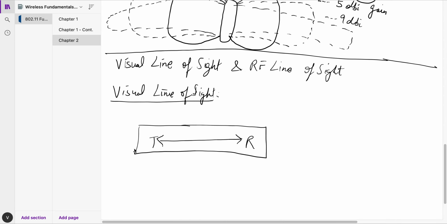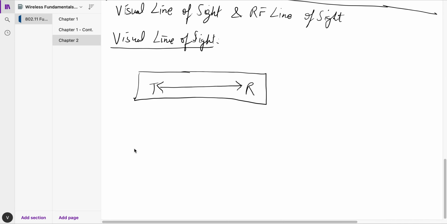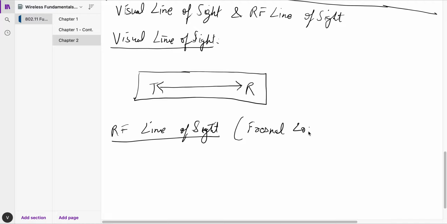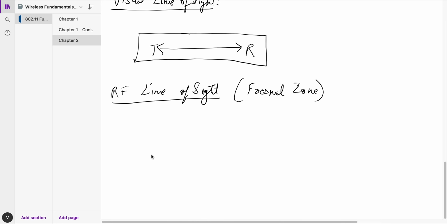But for a communication between a transmitter and a receiver, visual line of sight is not enough. We also have something called an RF line of sight. Okay, not a lot of people focus on this, but it is extremely important. RF line of sight is also known as the Fresnel zone. Now, I'll explain this with the help of an example.